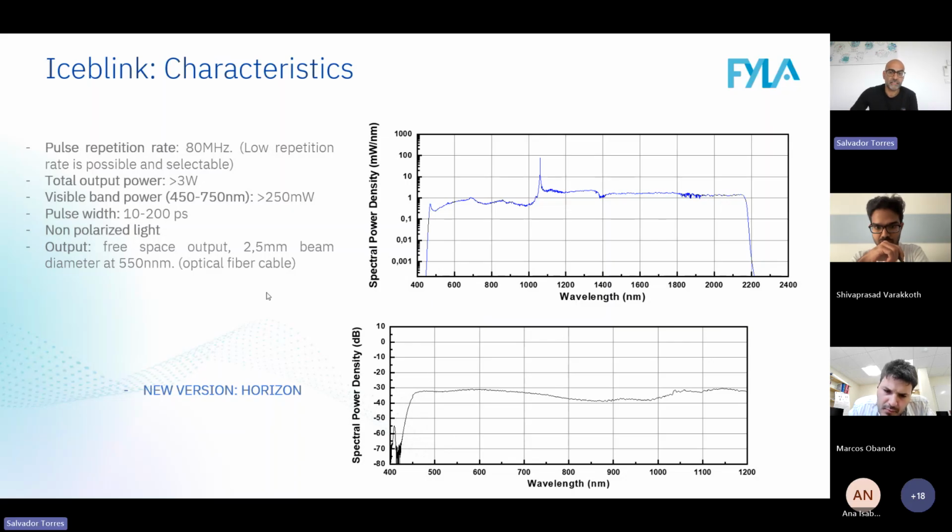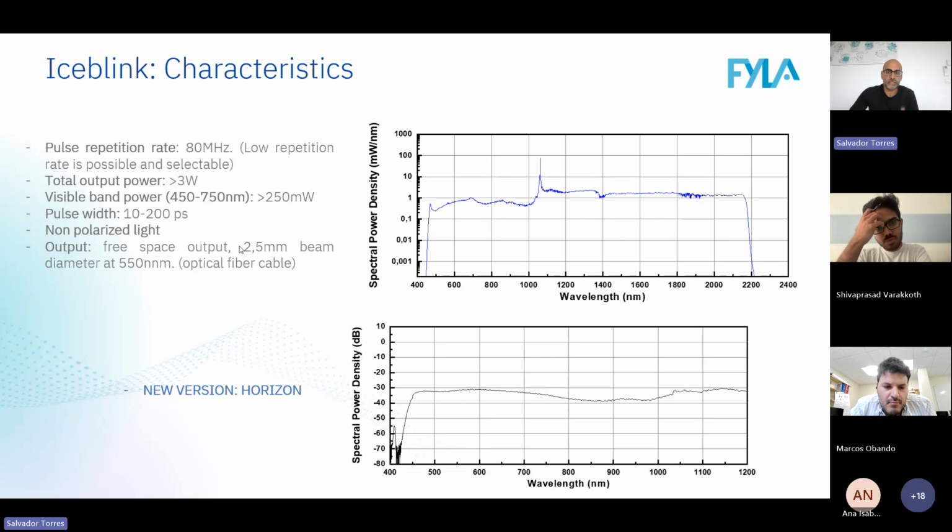The final characteristics of these sources are a repetition rate of 80 MHz, a total power greater than 3 watts, and within the visible band, specifically between 450 nanometers and 750 nanometers, the power is greater than 250 milliwatts.